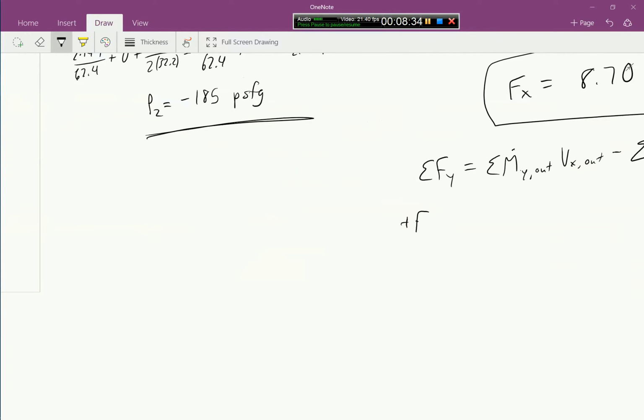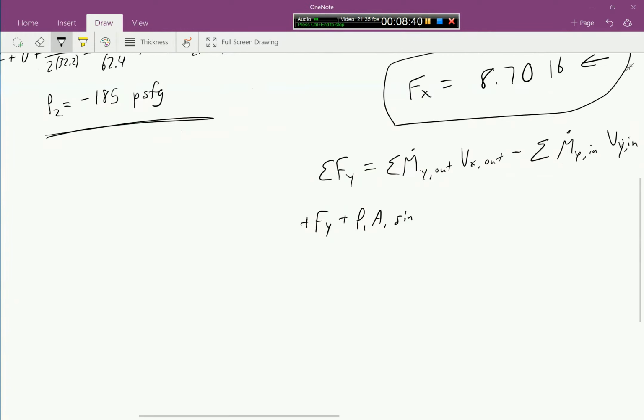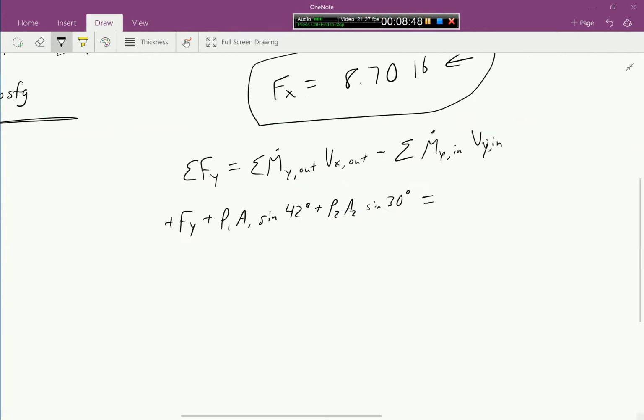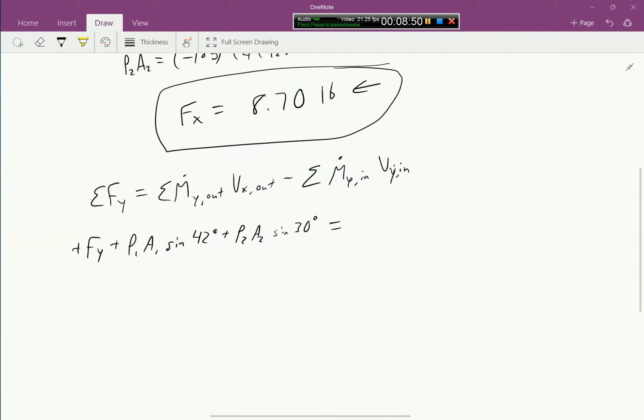So we're going to have a positive Fy plus P1A1 sine 42 plus P2A2 sine 30. And that's the left side of the equation there.